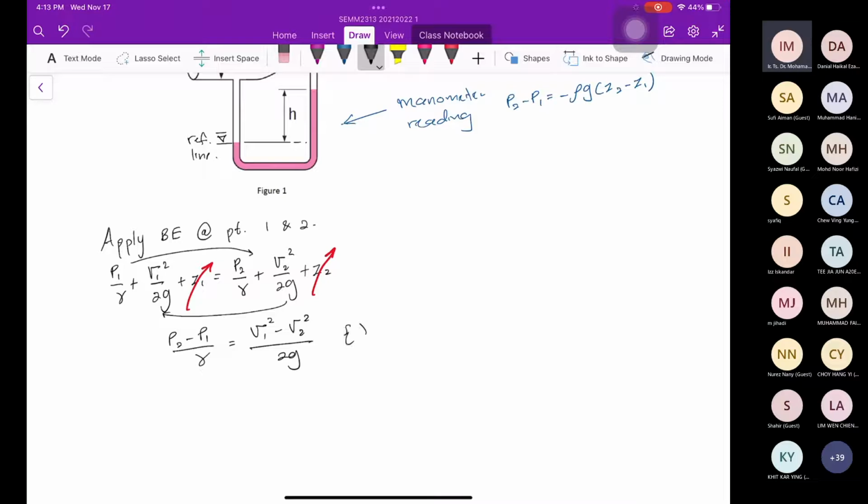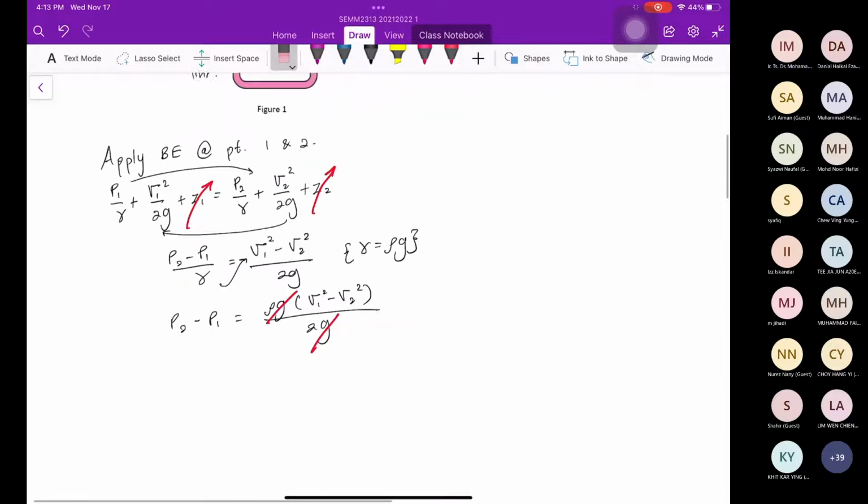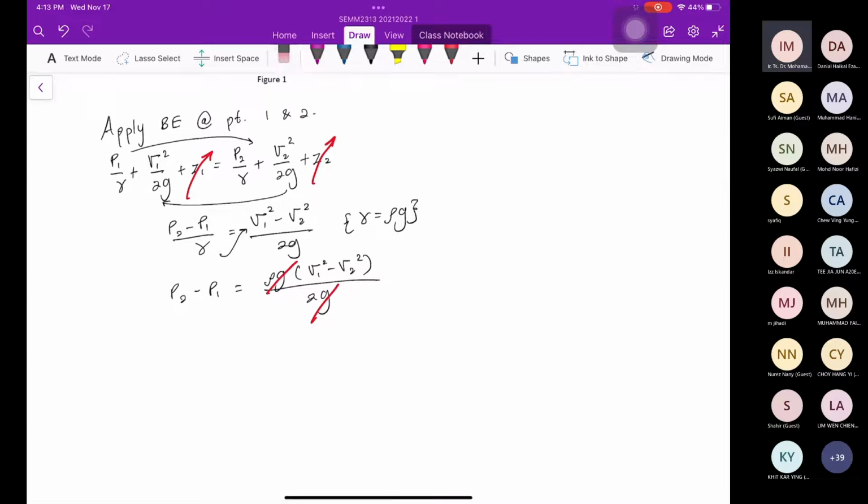We know for sure gamma is rho multiplied by gravity. So this one goes to the other side: P2 minus P1 equal to rho g (V1 squared minus V2 squared) over 2g. We can cancel gravity, and we'll have a density only.